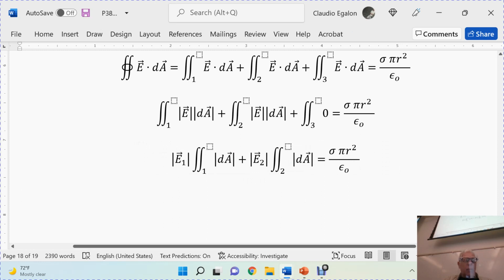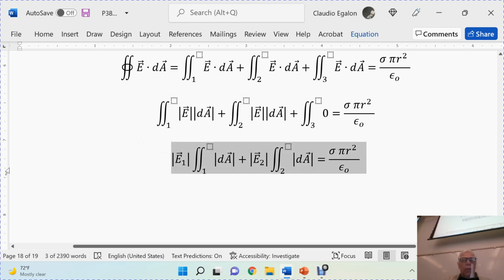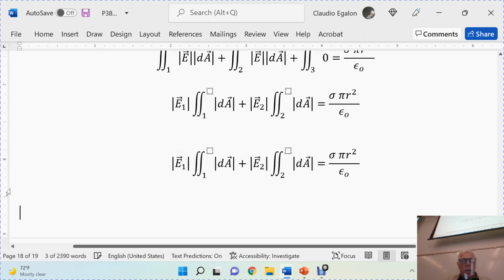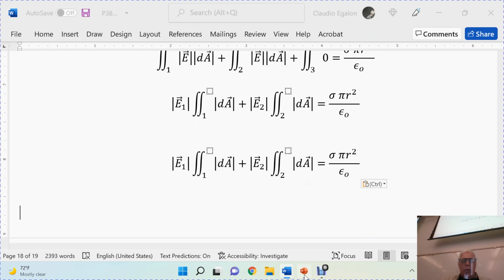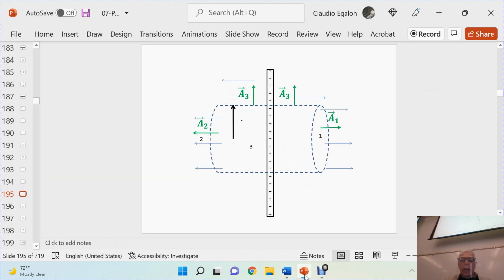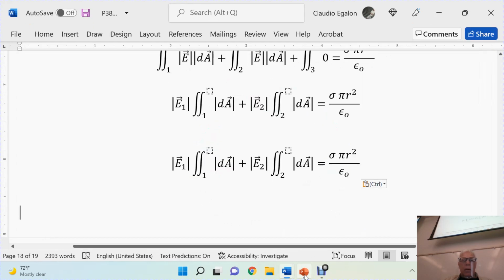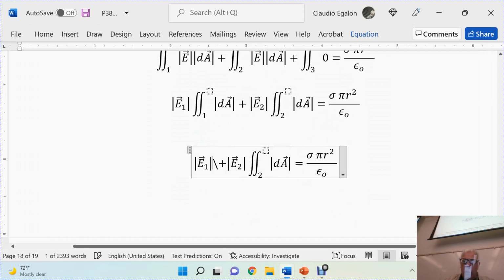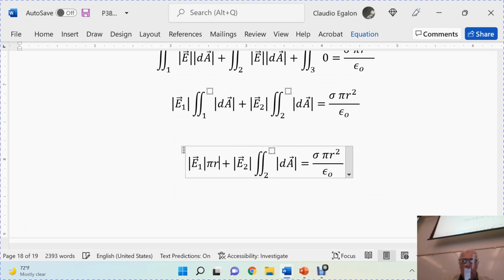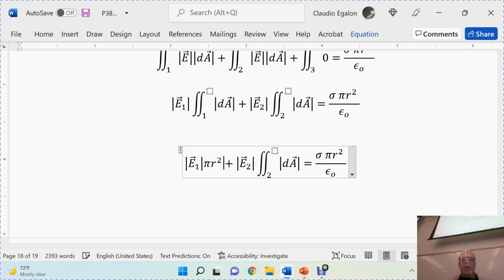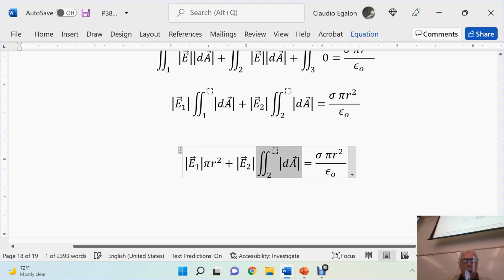The next step is to calculate the area over surface number 1. Area over the surface number 1 is pi r squared. Over the surface number 2 is also pi r squared.